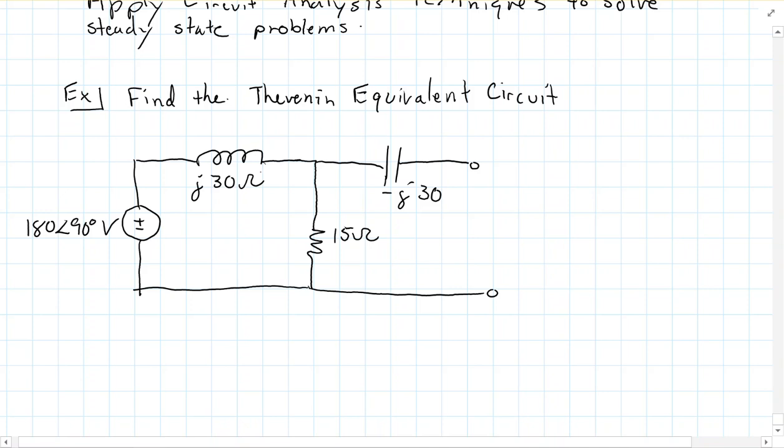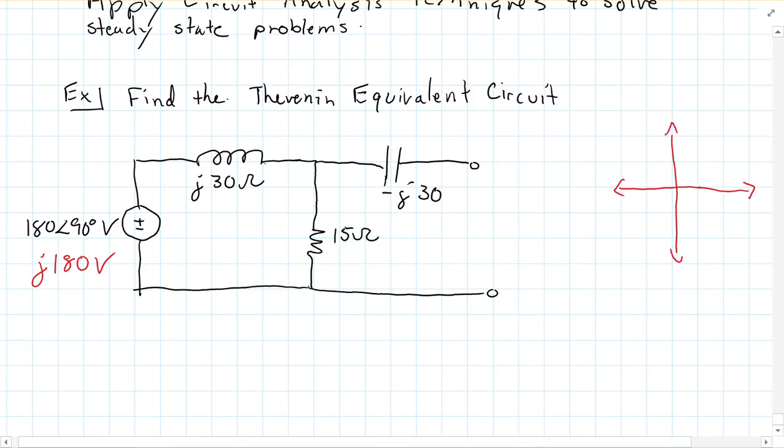So this is the circuit I'm looking at, and I want the Thevenin, and then it's got 180 at an angle of 90 degrees. Well, as I said, I prefer to do things in rectangular format, so I'm going to convert this 180 to rectangular, which would be J180 volts, because again, you want to get in this habit of being able to look at things that are at 90-degree angles and get it right away.